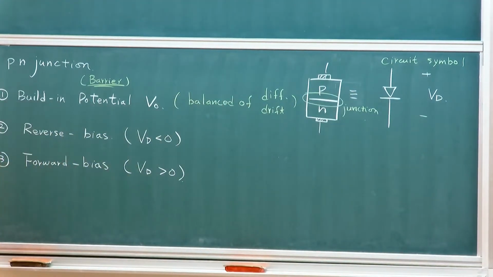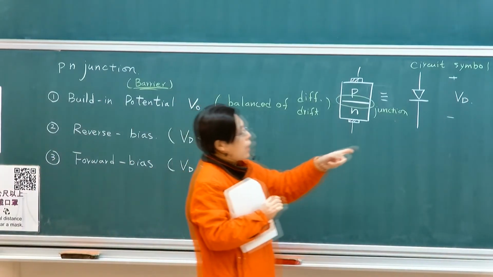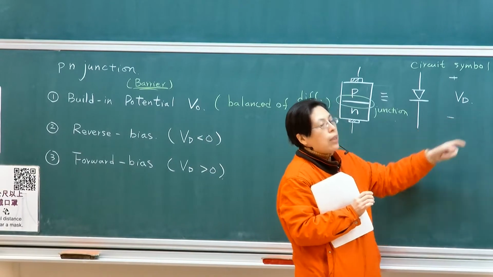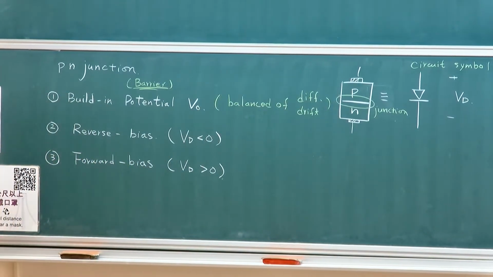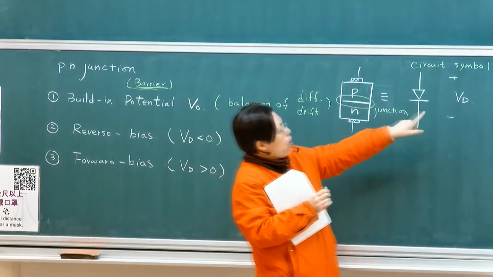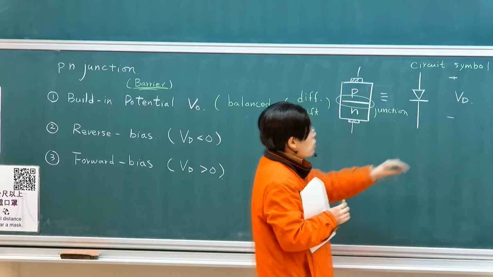In the circuit symbol, we label the direction of the voltage being applied. This is the external force being applied, typically in the form of voltages. You apply something across this junction, called the diode biasing. This is a biasing condition.